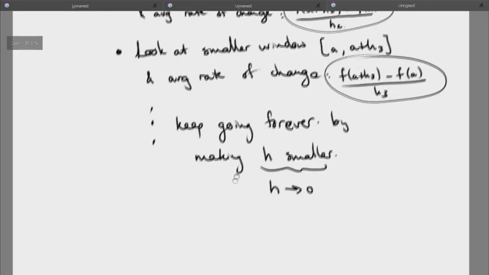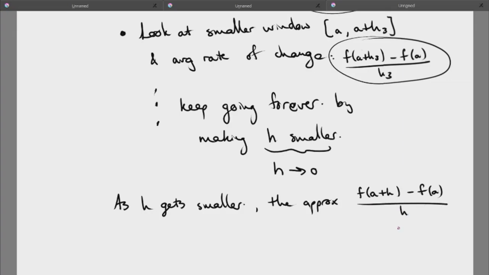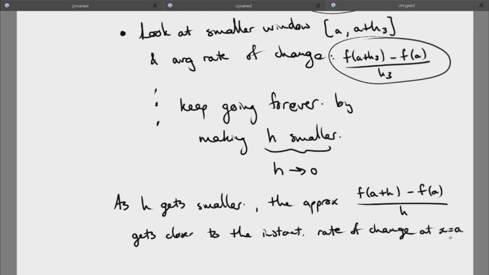Let's write that down. So as h gets smaller, if the function behaves nicely, the approximations, I'll squeeze it in here, all the average rates of change calculations looked like that, gets closer to the instantaneous rate of change at x equal to a.